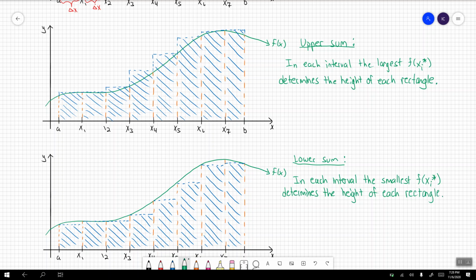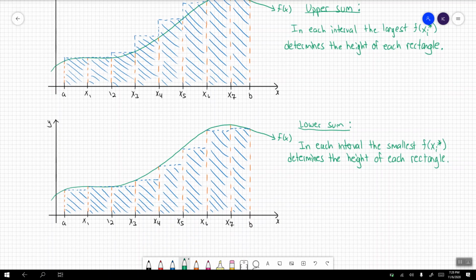And so when we start going through these approximations, we want to identify why the upper and lower sums are beneficial to us.